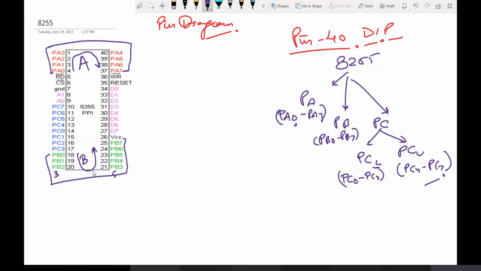A opposite B, and next to B is the blue one. This is your C, which is port C, and in front of C, this is your D. Now what is D? D stands for data bus.